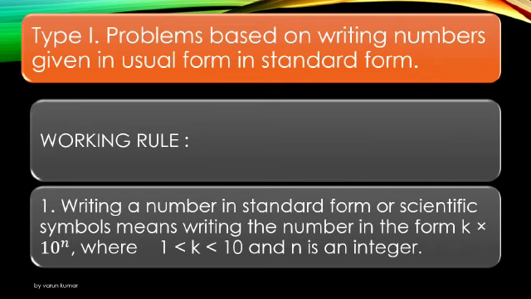Rule 1: writing a number in standard form or scientific notation means writing the number in the form of k into 10 to the power n, where k is greater than or equal to 1 and smaller than 10, and n is an integer.